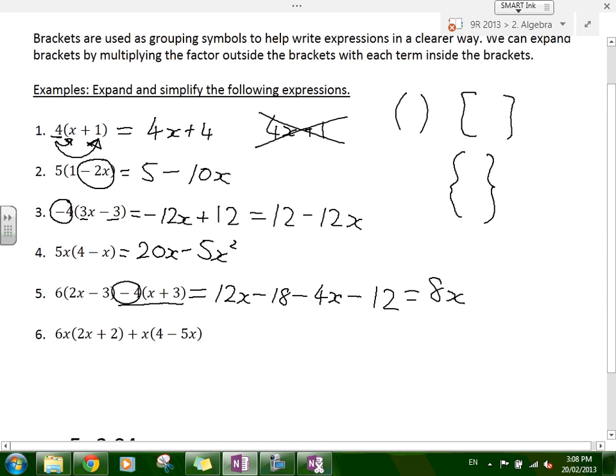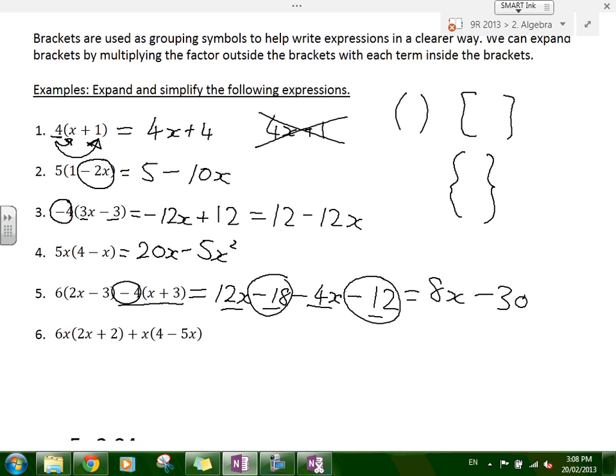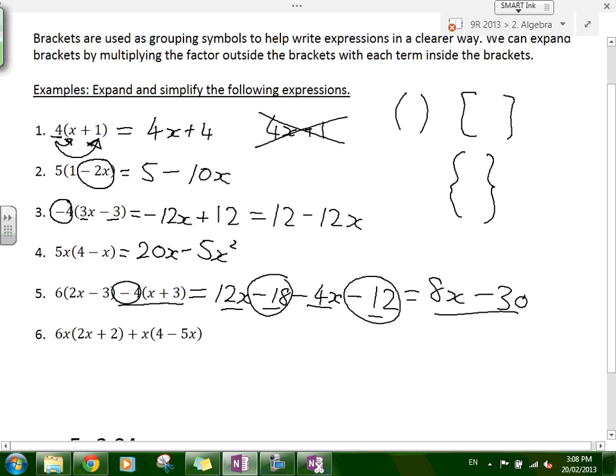Okay, minus 8x, because 12x minus 4x. You always have to take into account the sign that comes before the term. It's part of the term. You always have to consider that. Minus 18 minus 12 is minus 30. You're starting at negative 18, you're moving down 12 spots, you end up at negative 30. Okay? So that's our simplified version, and we can factorize that if we wanted to.